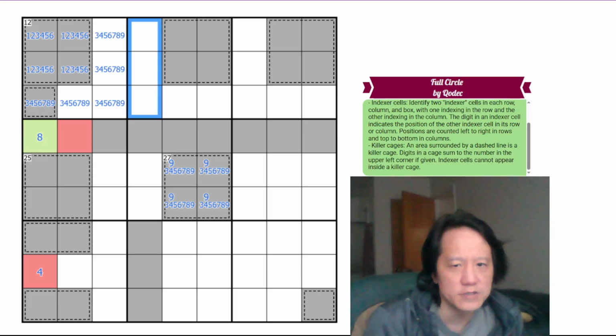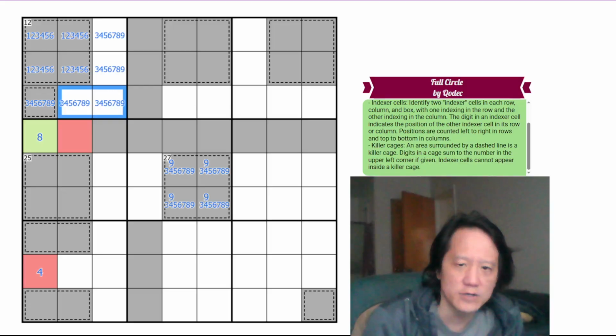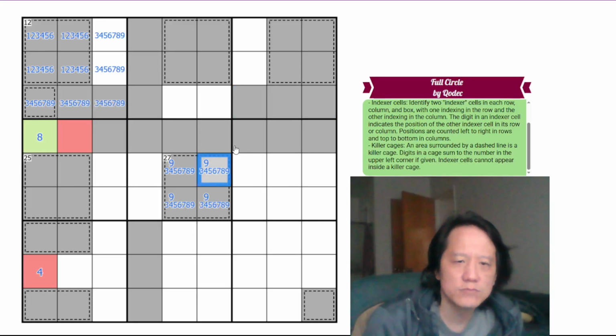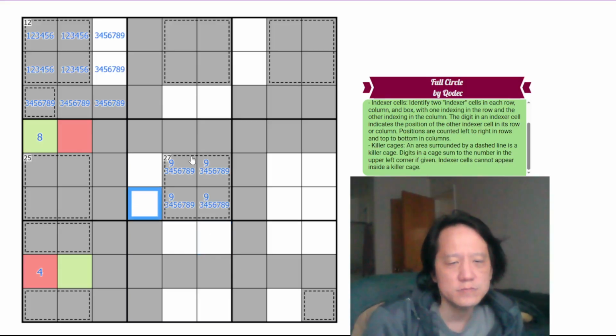That means both of these are indexers, so none of these are indexers, and none of these are indexers. So both of these are indexers, so none of these can be indexers, so this has to be indexer here, which means none of these can be indexers. These 2 are indexers, so none of these can be indexers. These are both indexers.